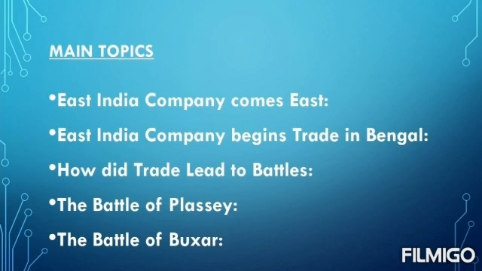Second topic, East India Company begins trade in Bengal. Third one, how did trade lead to battle? Fourth one, the Battle of Plassey. And the last one is the Battle of Buxar. So dear students, please watch the video carefully.